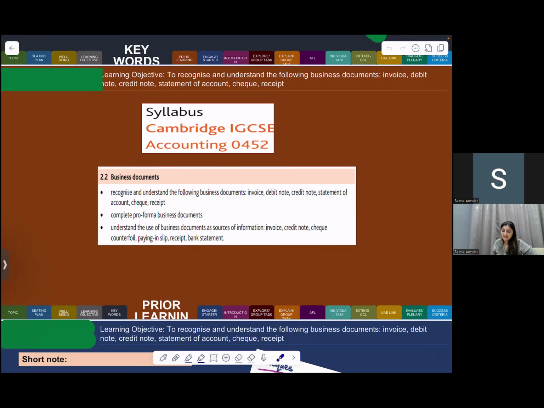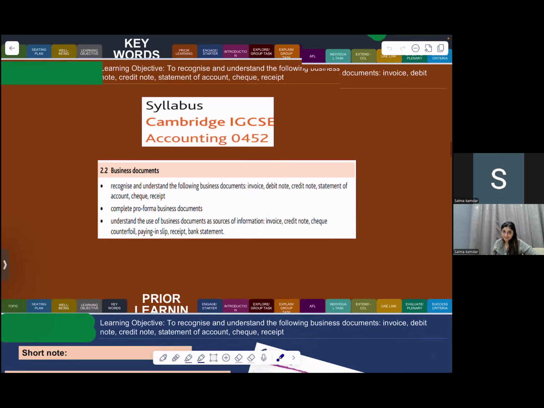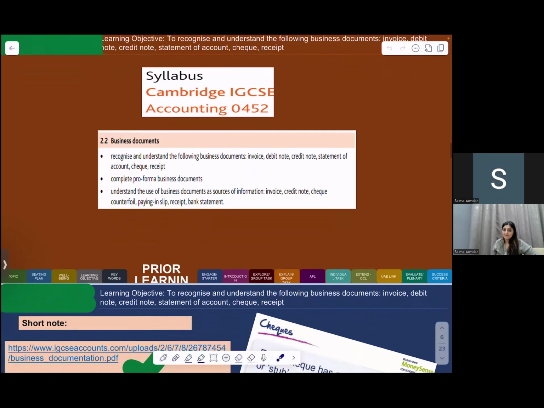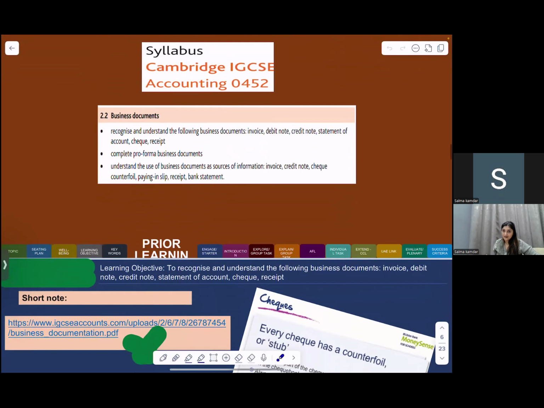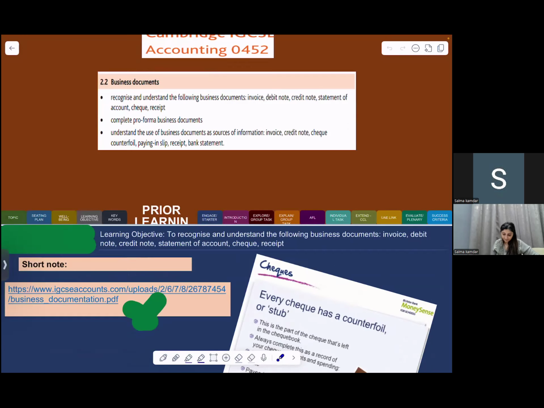You should complete the pro forma of business documents, and you use the business documents to record the entries in your books of prime entry. There is paying slip, counterfoil, check counterfoil. That means just a copy of where your check is going.